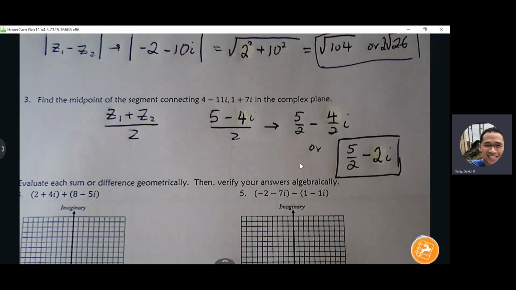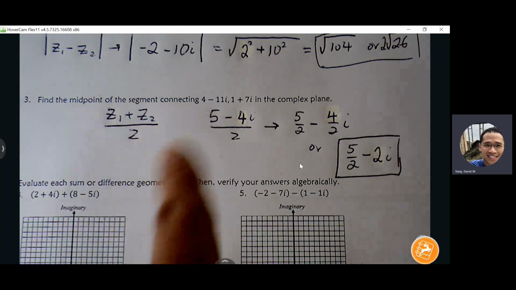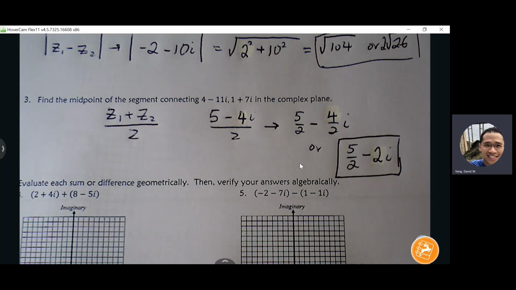Okay. Yeah, so we're adding, right? So when you're finding distance, you're subtracting your complex numbers first. With midpoint, you're just adding them. So 4 plus 1 is 5, negative 11 plus 7 is negative 4, and divide by 2 each part. Written as a point, it would be 5 over 2, comma -2.